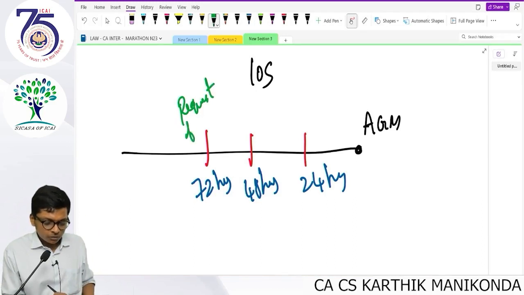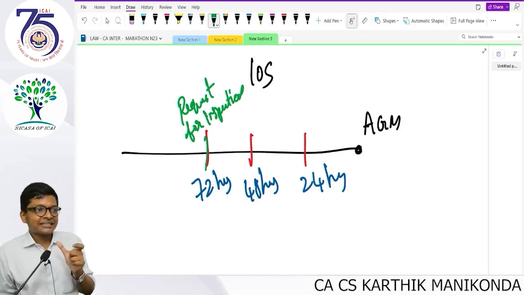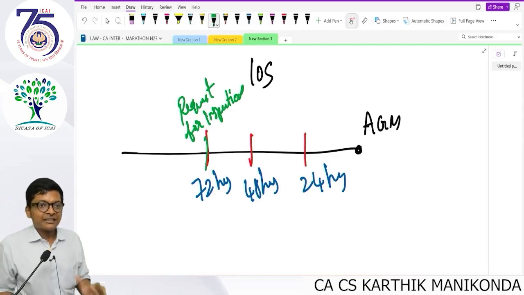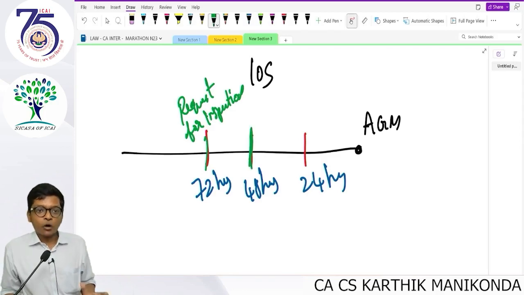the request for inspection should be given 72 hours in advance. Following, guys, next, it should be given 72 hours in advance. Next, 48 hours before.